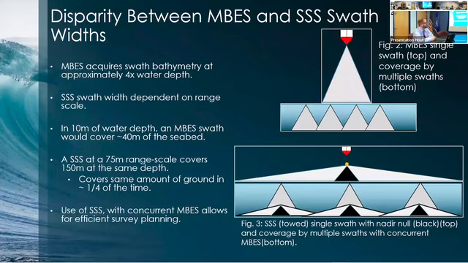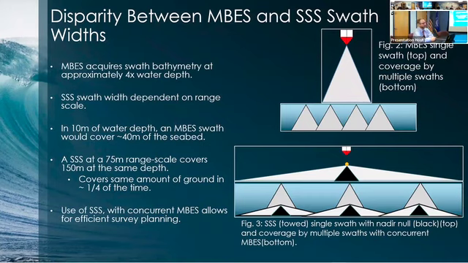The other drawback with the multi-beam is that the swath width is directly proportional to your water depth. Most multi-beams only cover approximately four times the water depth. So in 10 meters of water, you're getting 40 meters of swath width of coverage. Whereas with Sidescan, the coverage is dependent on the range scale.